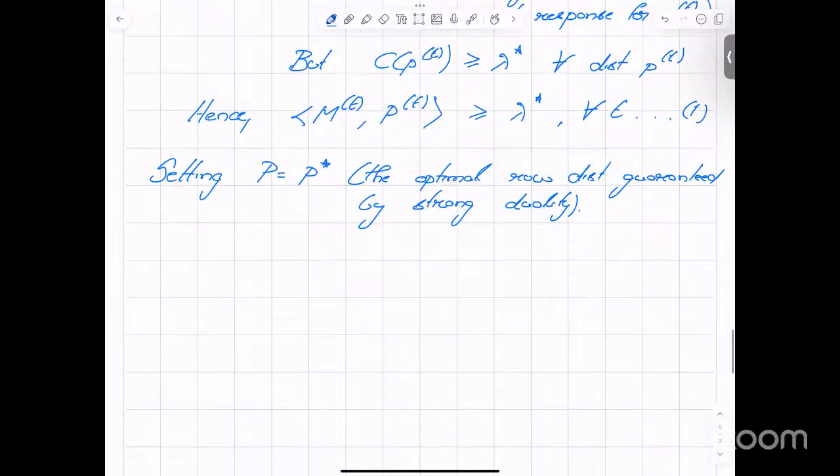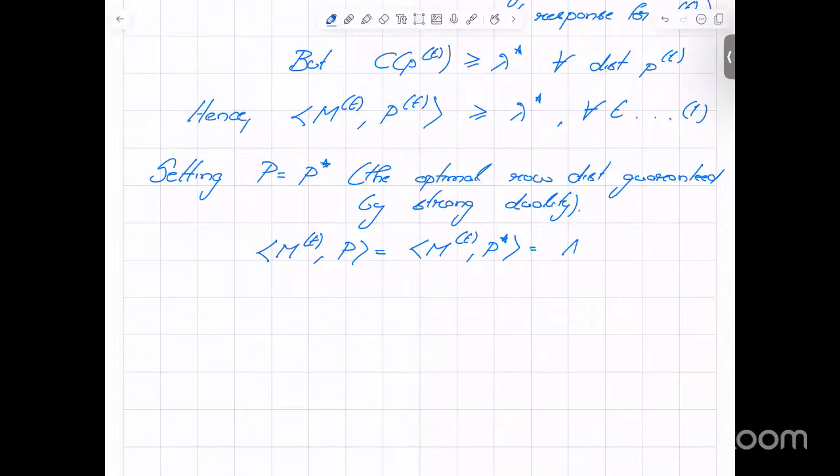What will we have? We'll have M P is now equal to M P star. What is this? This is just A P star J_t.